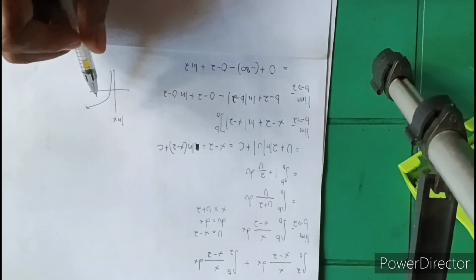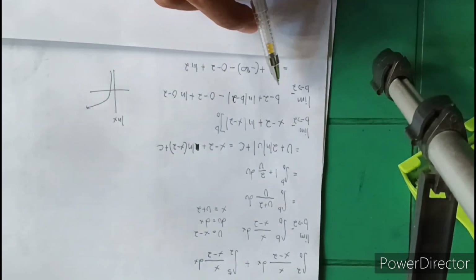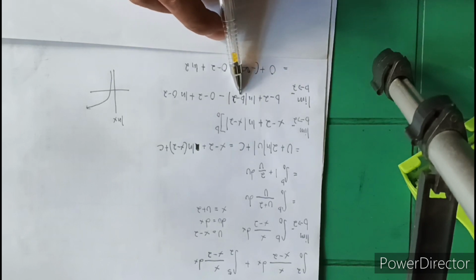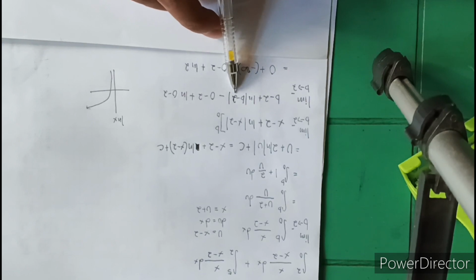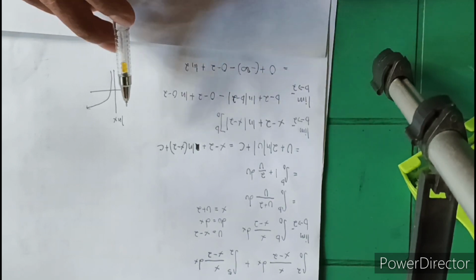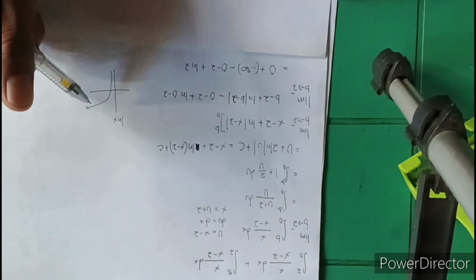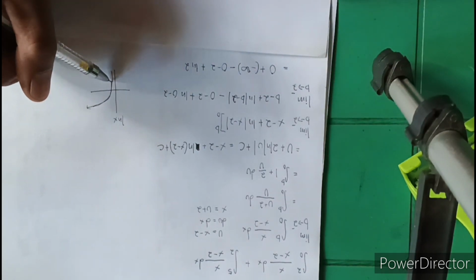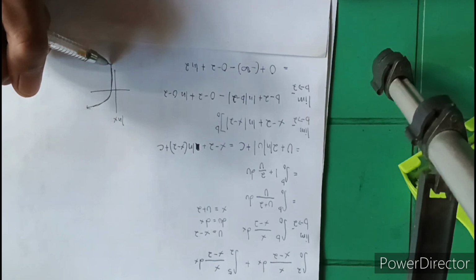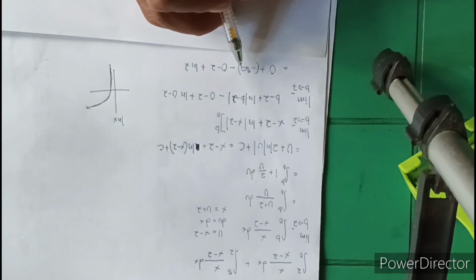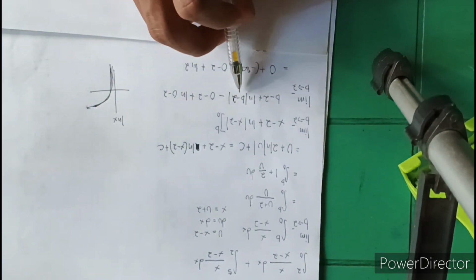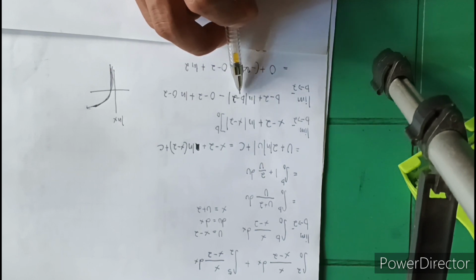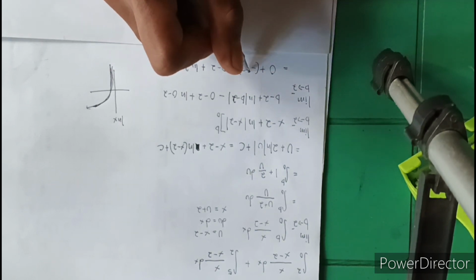So notice that if we substitute 2 for b, the value of this absolute value approaches 0, since we are approaching from right to left. So the value of this ln of b minus 2 is negative infinity.